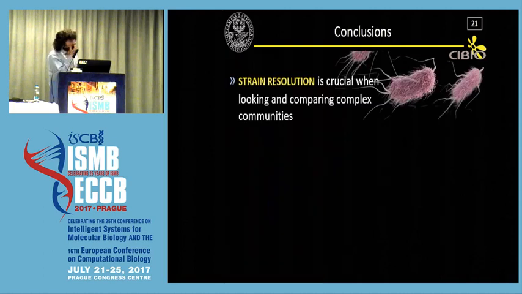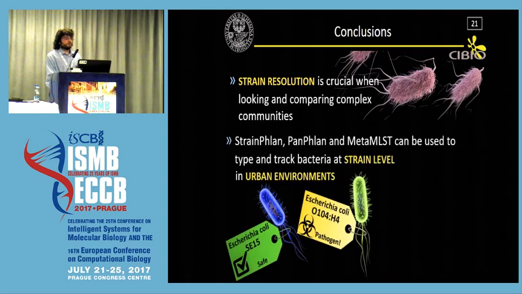So to conclude, I hope I have convinced you that going to strain level is of the essence when looking at complex communities. We've already been doing this for quite a long time on human microbiomes, but the entire setting of cities and urban and built environments is rather new.